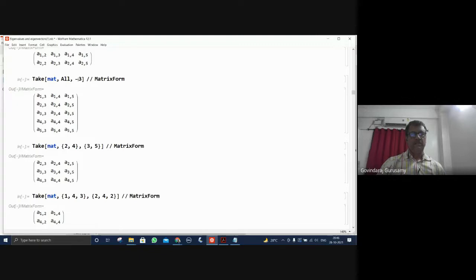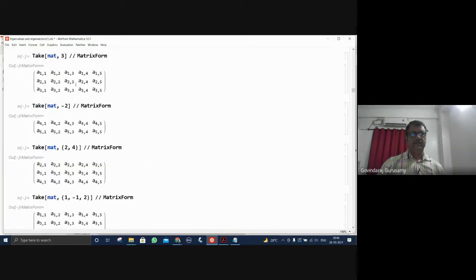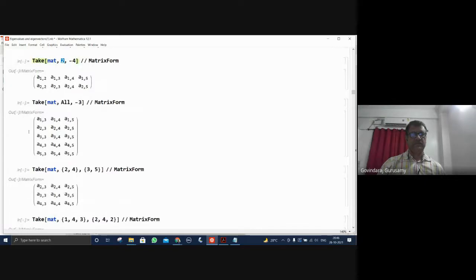All minus 3, which column wise, the first column and second column is missing. We'll look at this matrix, what we have here. Okay, 1, 3, 2, 3 it starts. First 2 columns has been left out by this method.